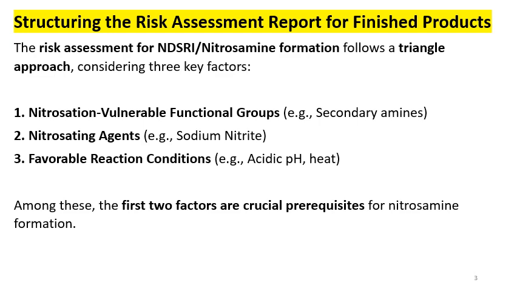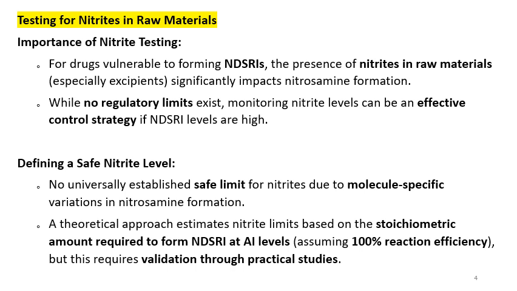The risk assessment for NDSRI depends on three key factors: functional groups, meaning amine groups, secondary amines, which are vulnerable to nitrosation; nitrosating agents like sodium nitrite that may be present in the raw materials; and favorable reaction conditions like acidic pH and heat in the process. So mainly functional groups and nitrosating agents are very critical.